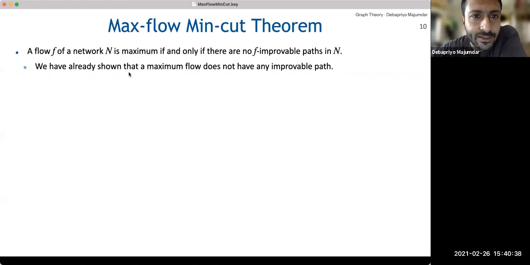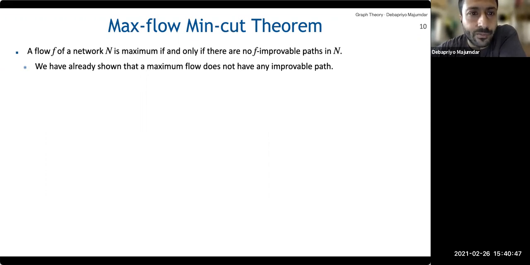We've already shown that a maximum flow does not have any improvable path. Now what we have to show is that if there is no improvable path, then this must be a max flow.